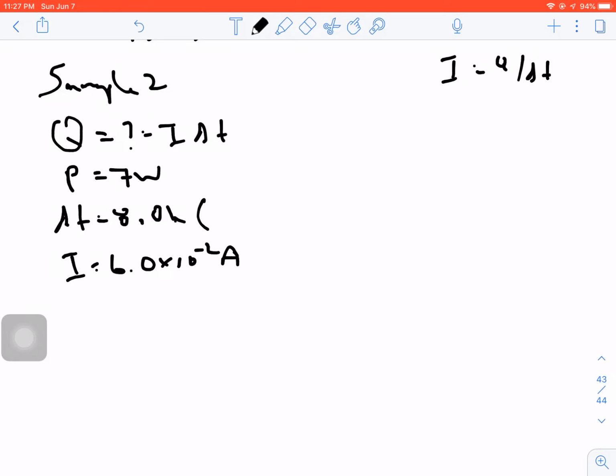I remember from chapters 1 and 2, as much as I might not want to, that 1 hour is equal to 3,600 seconds. Right, and my hours cancel. So 8 times 3,600 seconds is 28,800 seconds.